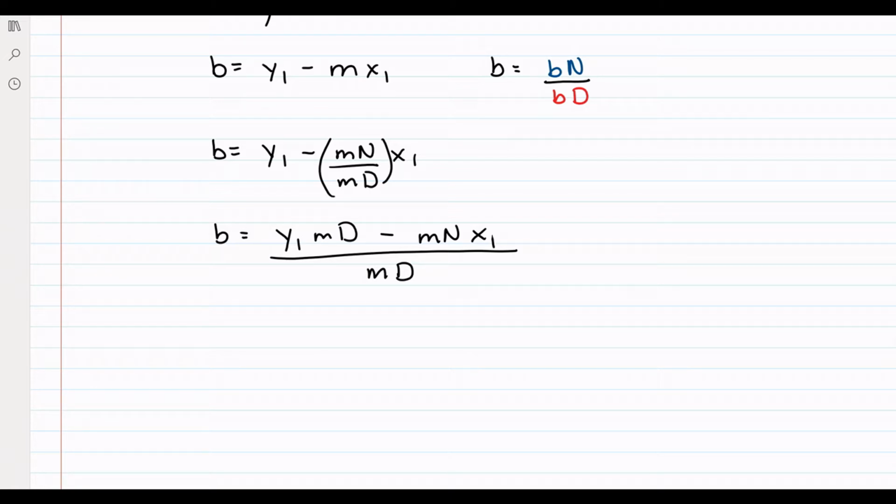So now it looks like a fraction with the denominator equal to the denominator of the slope, and the numerator equal to y1 times the denominator of the slope minus the numerator of the slope times x1.